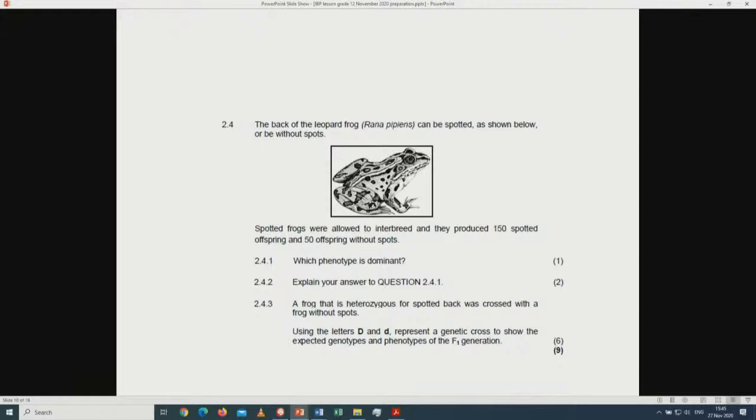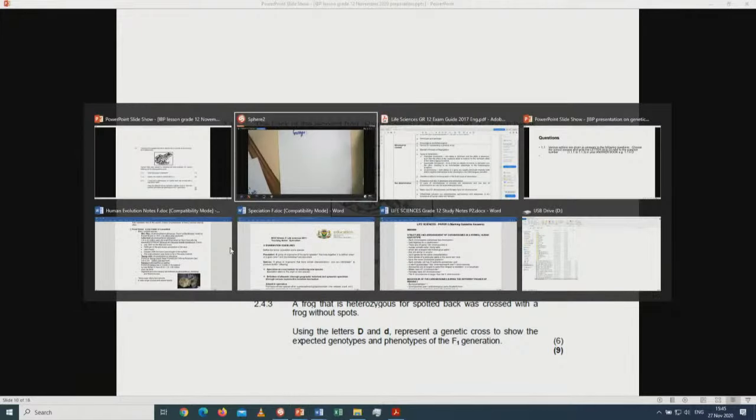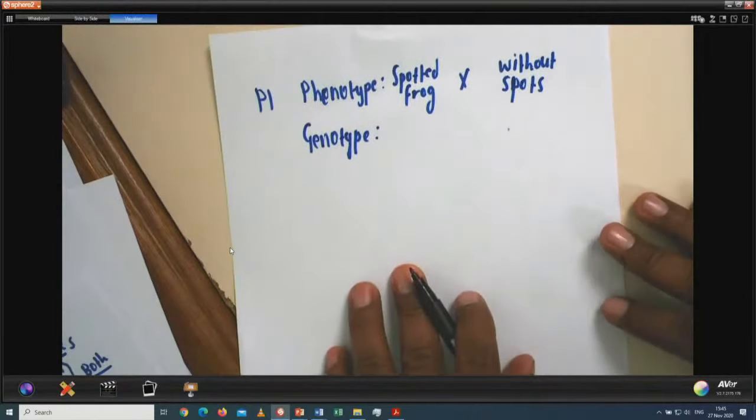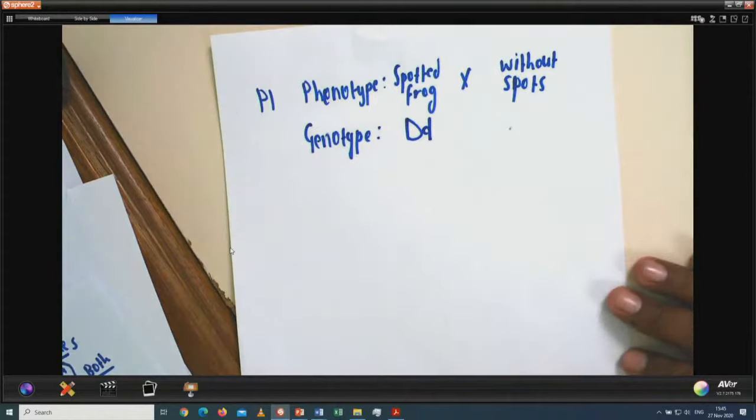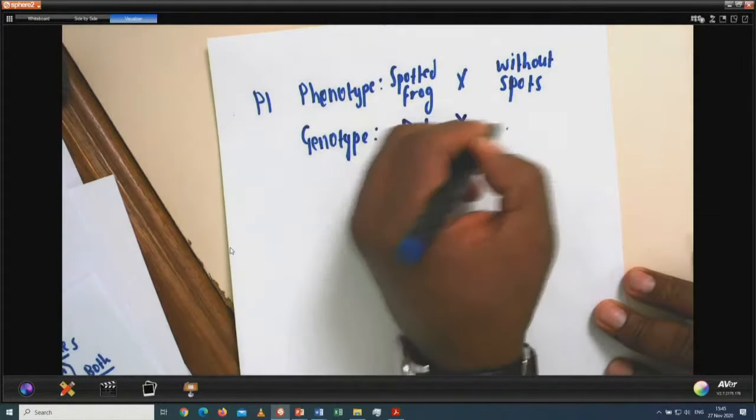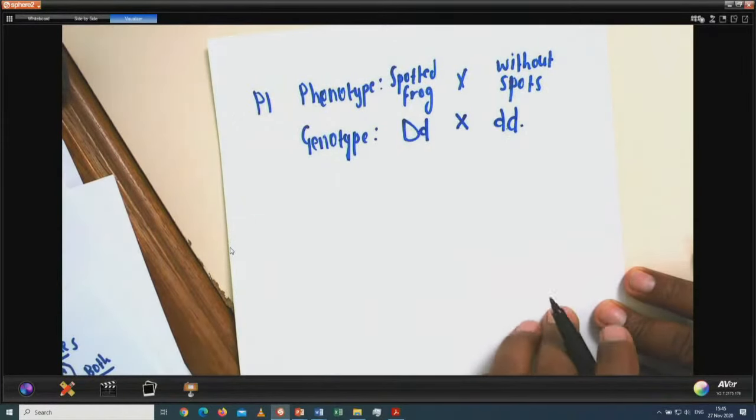The genotype. Now it is indicated that the frog is heterozygous for the condition, the one that is spotted. So if it is heterozygous, then it will have capital D and a small d, and if it does not have spots, it will be small d, small d.